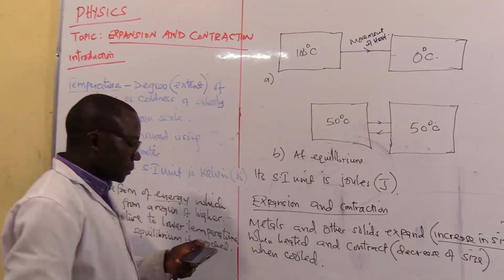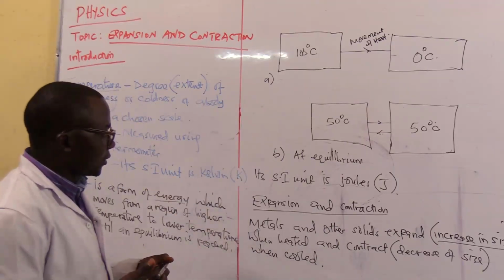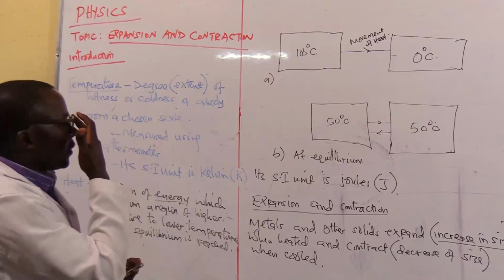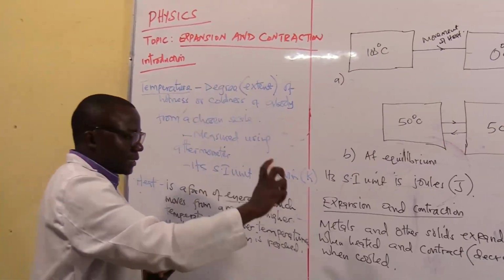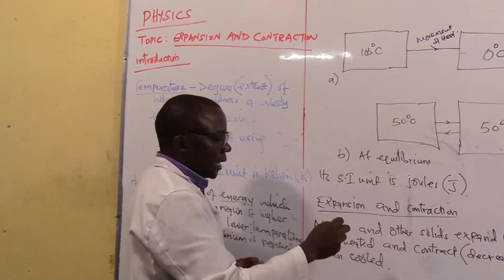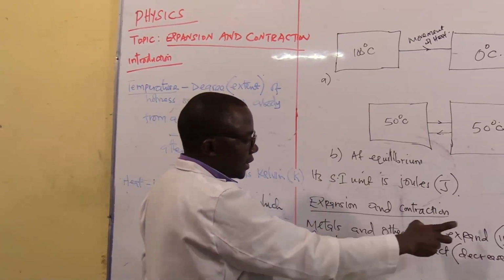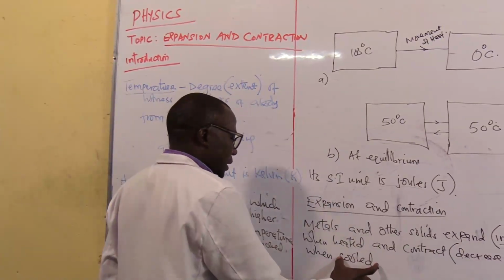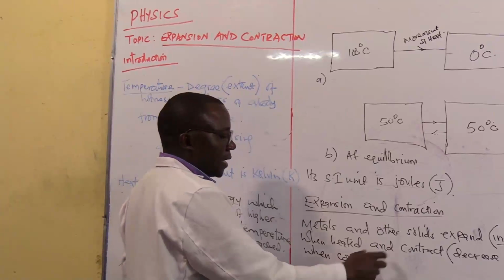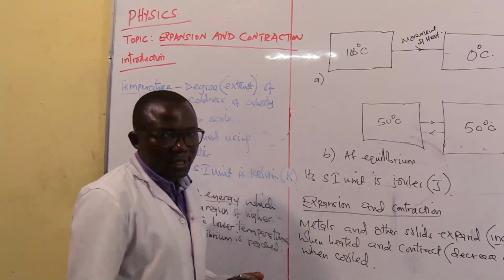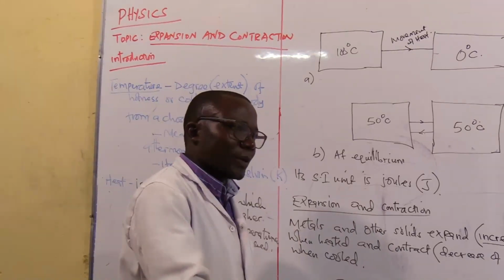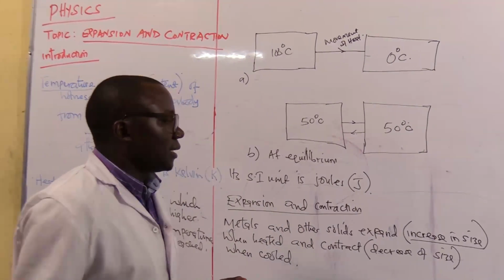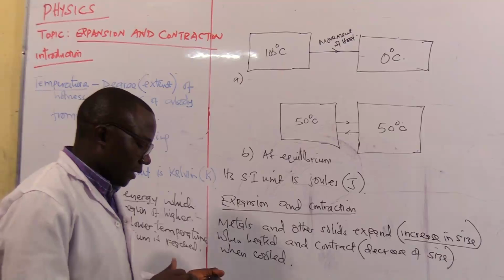So in the topic expansion and contraction, where there is heat, there is expansion, and where there is cooling or reduction in temperature, there is contraction. Contraction is the reduction in size, and expansion is the increase in size.